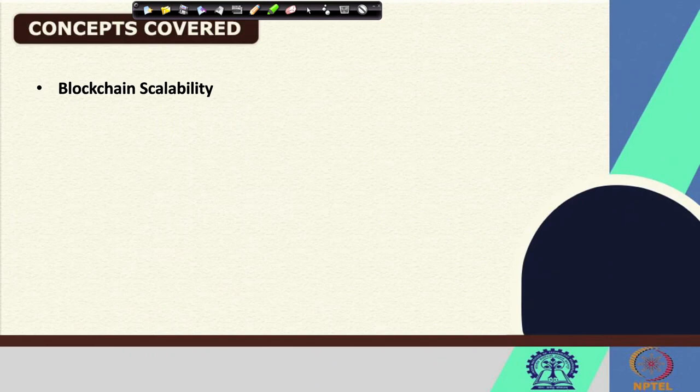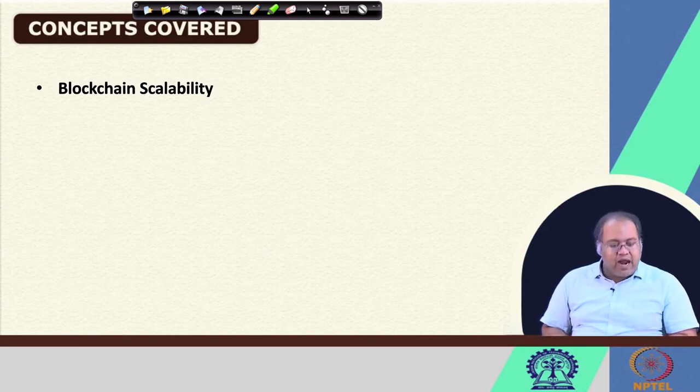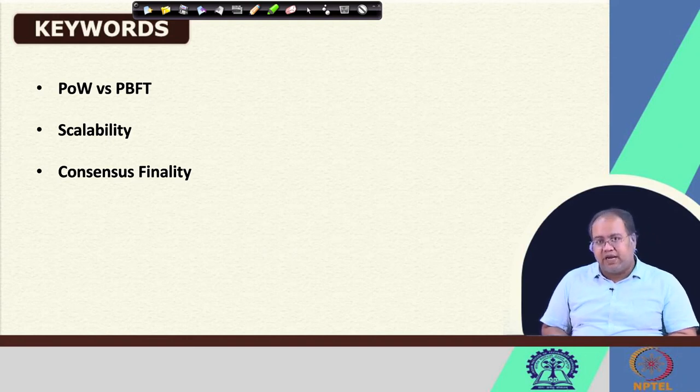Broadly, we are going to talk about blockchain scalability in this lecture, and in subsequent lectures we are going to look into different protocols and architectures that can be applied to scale up a blockchain platform. In terms of keywords, today we are going to do a comparison between proof of work and the PBFT consensus mechanism.